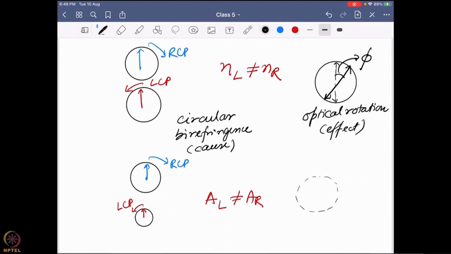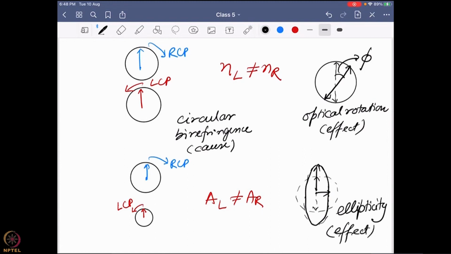What was previously a plane polarized light now becomes an ellipse. So we call that ellipticity. So ellipticity is again the effect, and the reason behind that is circular dichroism. And that is what is actually happening in real life.